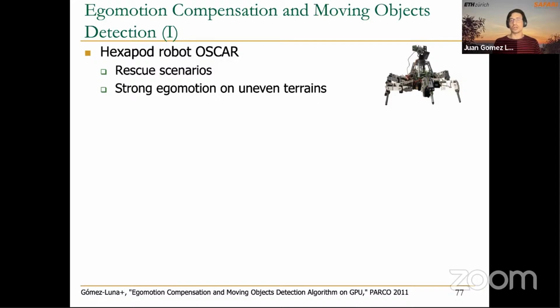In a rescue scenario, it's important that the robot is able to identify when someone is moving. For example, someone who was lost in the middle of the mountain is moving one hand. But if the robot is moving as well, unless we have a way of getting rid of the ego motion in the analysis, it's not going to be possible to find the moving object, right?